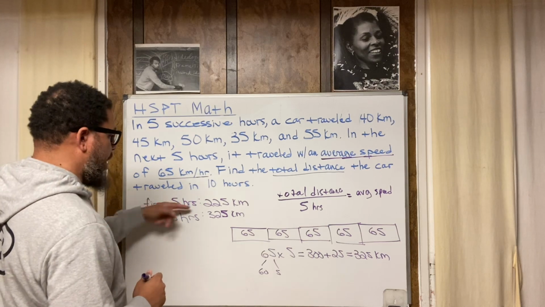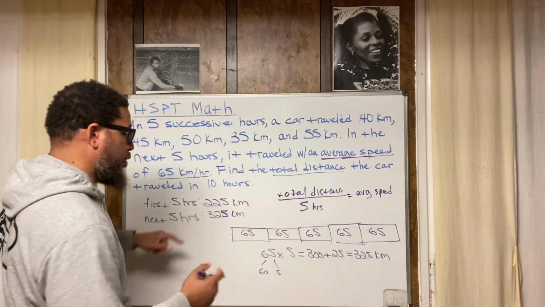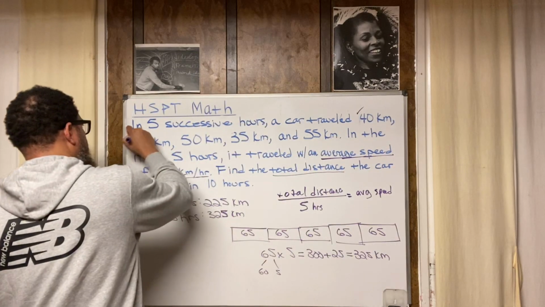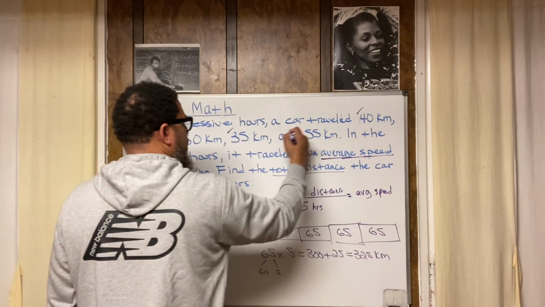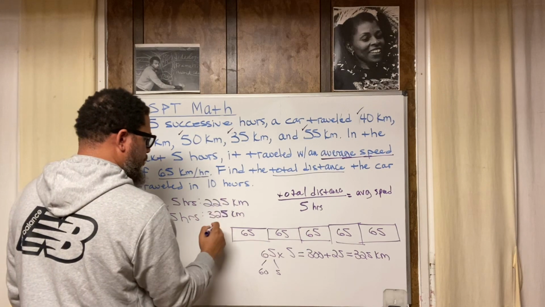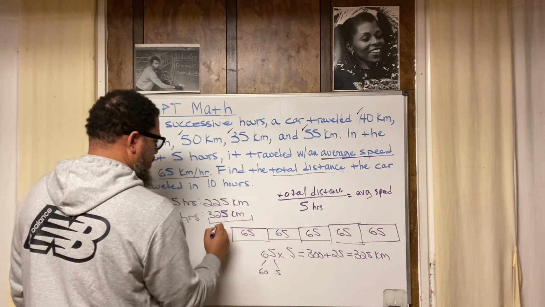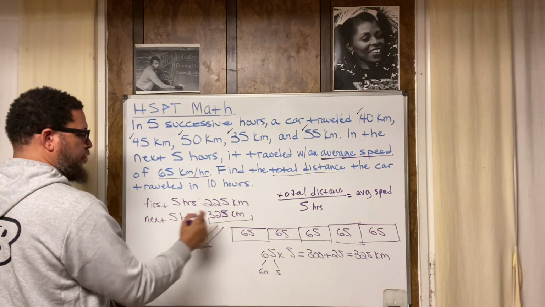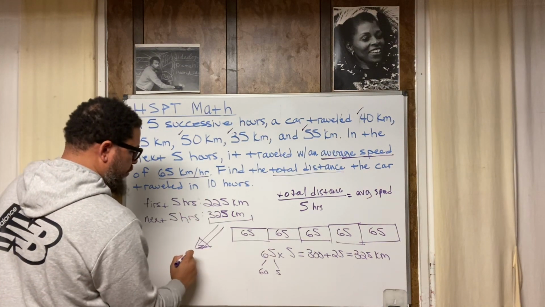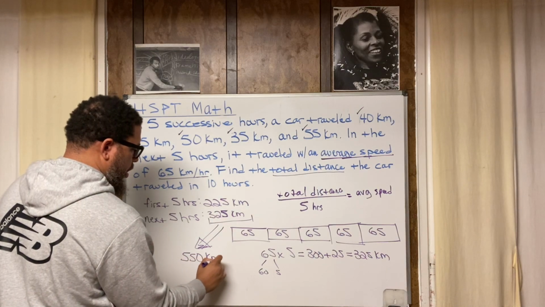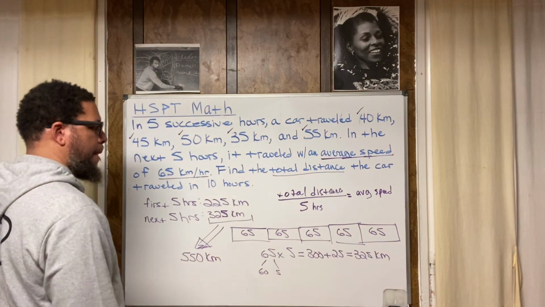So if in the first 5 hours they traveled 225 kilometers, we know that because we just added up these 5 distances. You get 225. Then 225 plus 325. Put them together. What do you get? 225 plus 325 is going to be 550 kilometers.